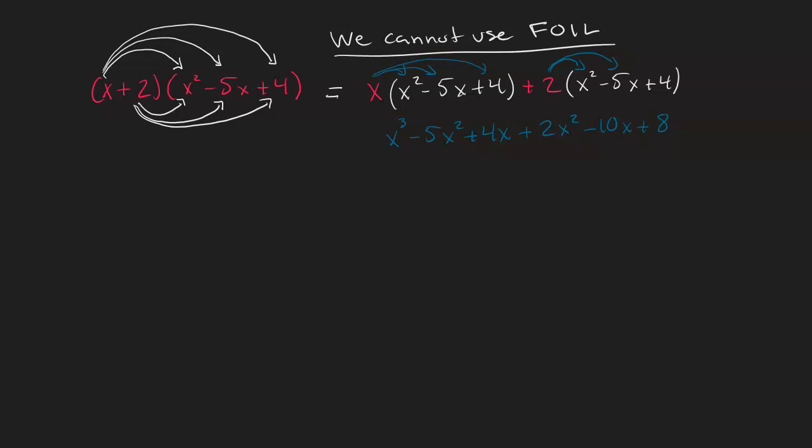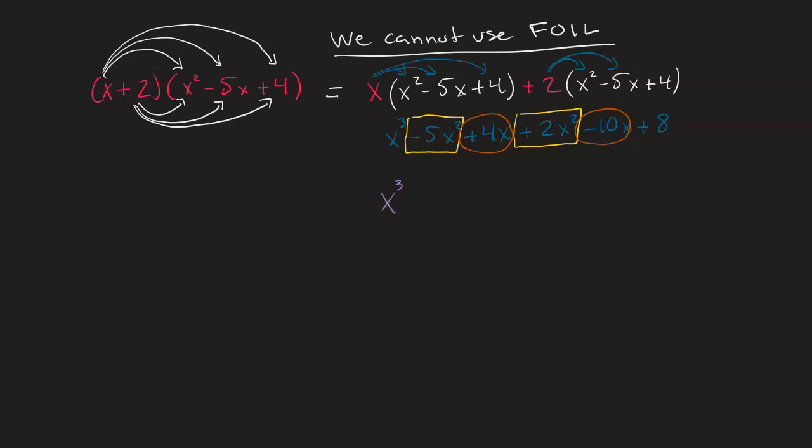What I'm going to do now is just combine like terms. There's nothing that matches up with x cubed, but I notice there's like terms for the negative 5x squared and the 2x squared. So just for right now, I'm going to box those. I always want to include the sign. And then I want to combine the positive 4x with the negative 10x. And it looks like I can't combine anything with the constant of 8. So all I'm going to do is just rewrite this. Let's do that in purple. I have x cubed.